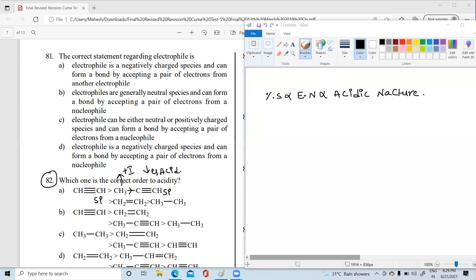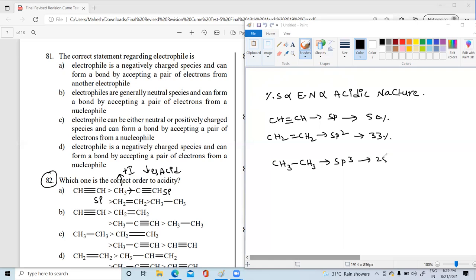Next, in ethene it is sp2 hybridized, in ethane it is sp3 hybridized, and ethyne is sp hybridized. As we know very well, it is 50% here, 33% here, and 25% here of s orbital character.